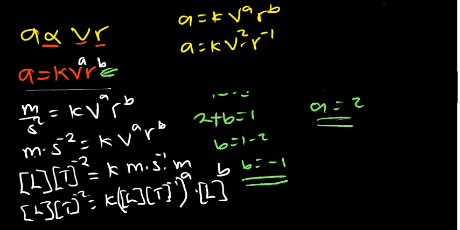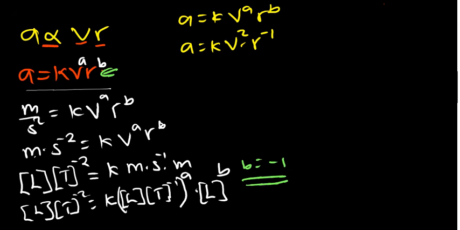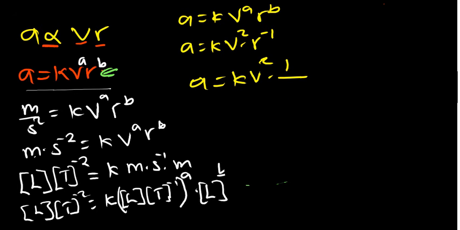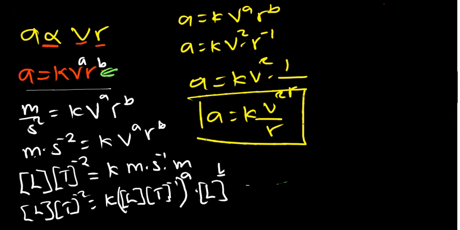Now when we have negative 1, we can put it as a equals K, then V squared times 1 over R, meaning I've removed the negative, which is the same as a equals K V squared divided by R. This is the expression which we wanted to get.